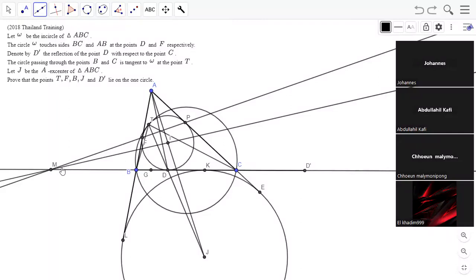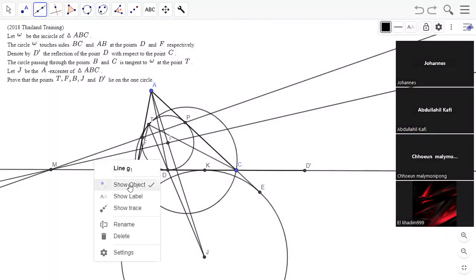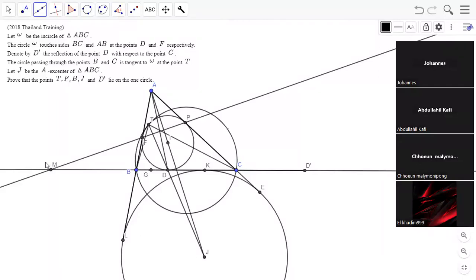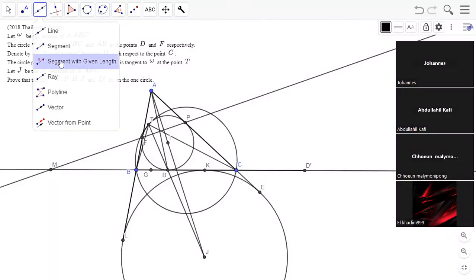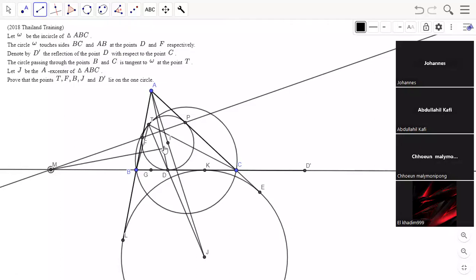If you let FP intersect BC at a point M, then M lies on the polar of A, so A lies on the polar of M, and D also lies on the polar of M because MD is tangent to the circle. So AD is the polar of M, and so from there you have MI is perpendicular to AD. I'm trying to remember from there, somehow I showed that MT passes through the midpoint of this. Let me see.